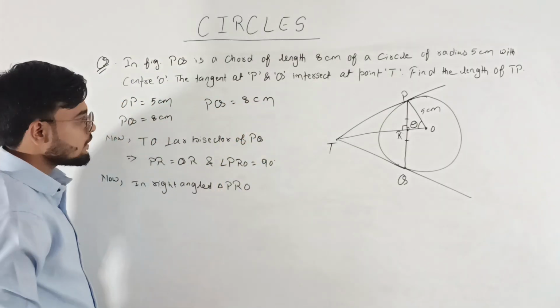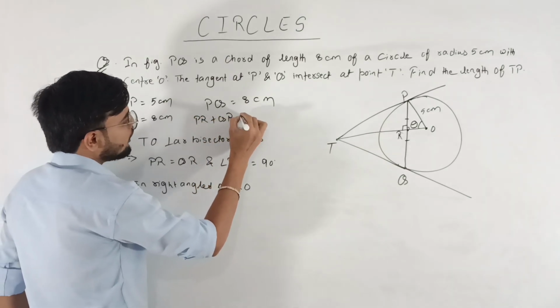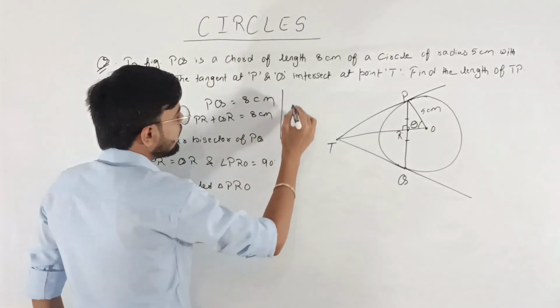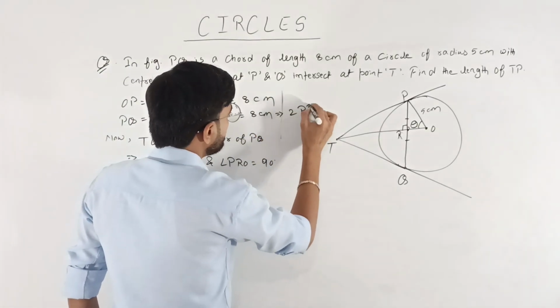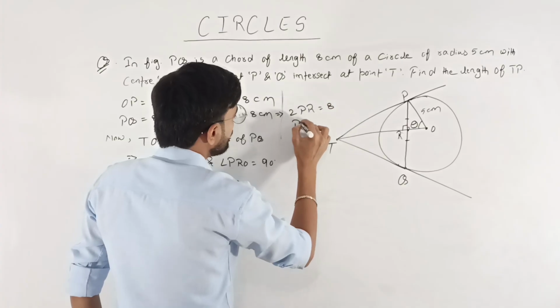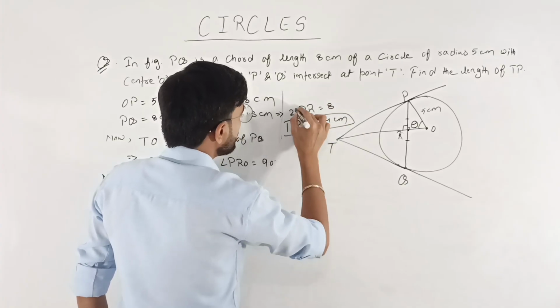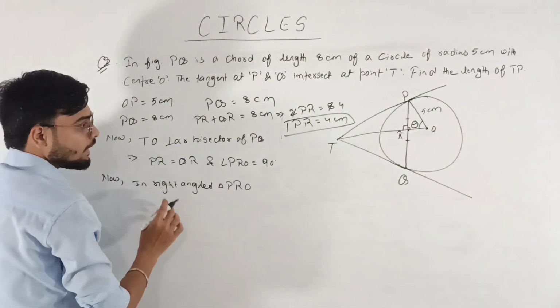Now we write PQ as PR plus QR equals 8 centimeters. These two are equal, so 2 of PR is equal to 8. So PR is 4 centimeters.